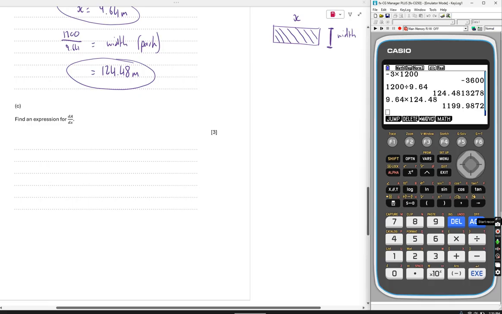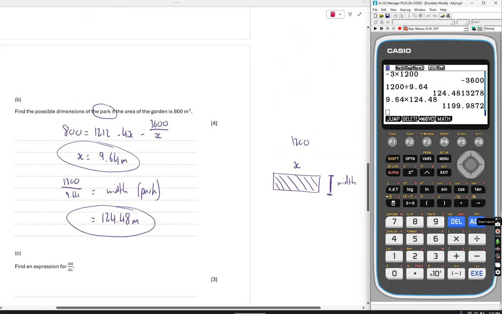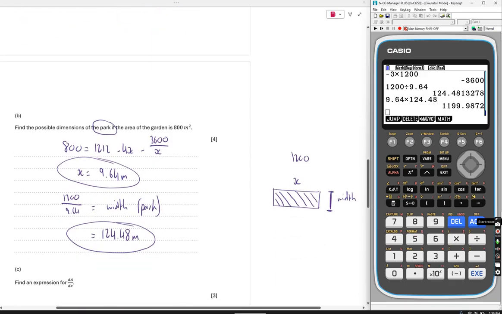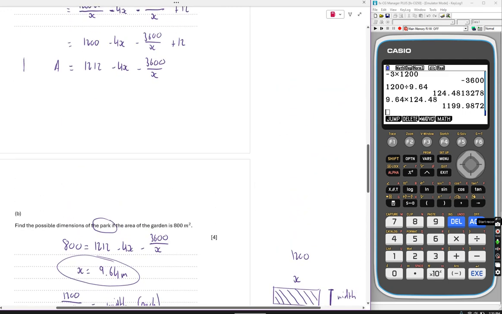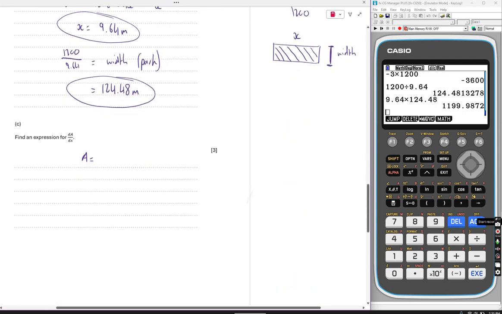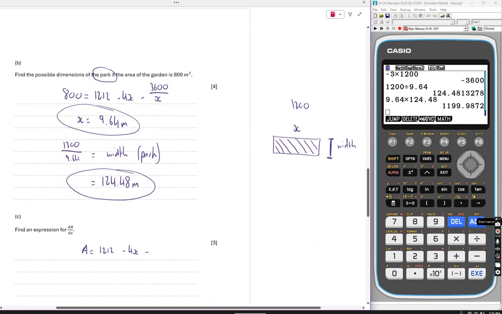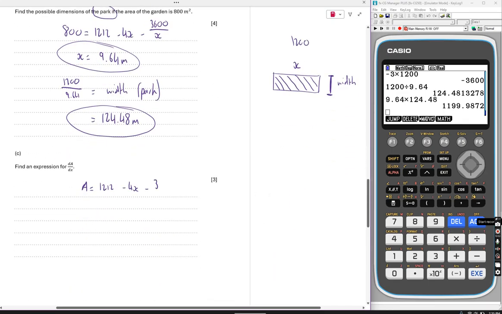Next part, find an expression for dA/dx. So let's just write this again. We've got area. I'm not finding the derivative yet. I'm just finding the area. 1212 minus 4x minus 3600 over x.